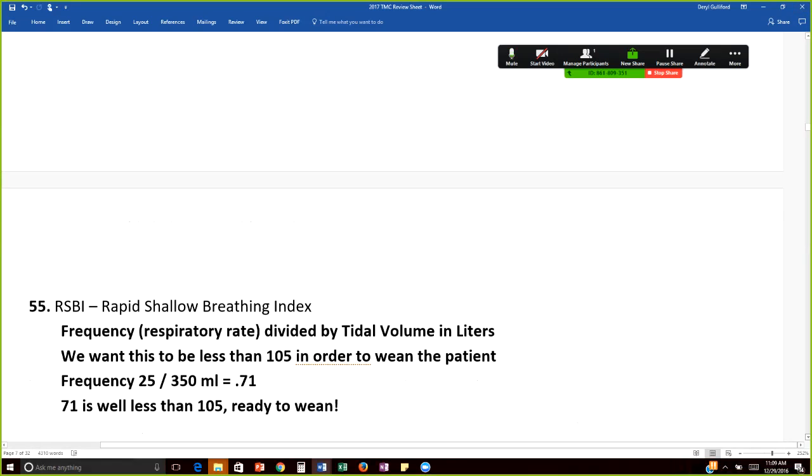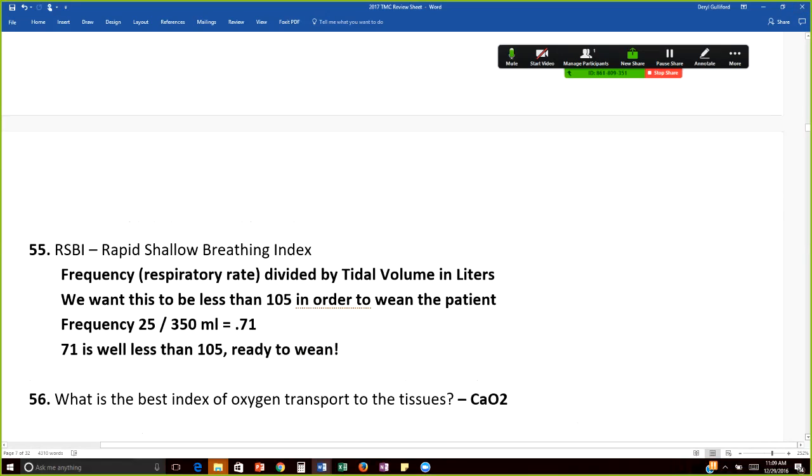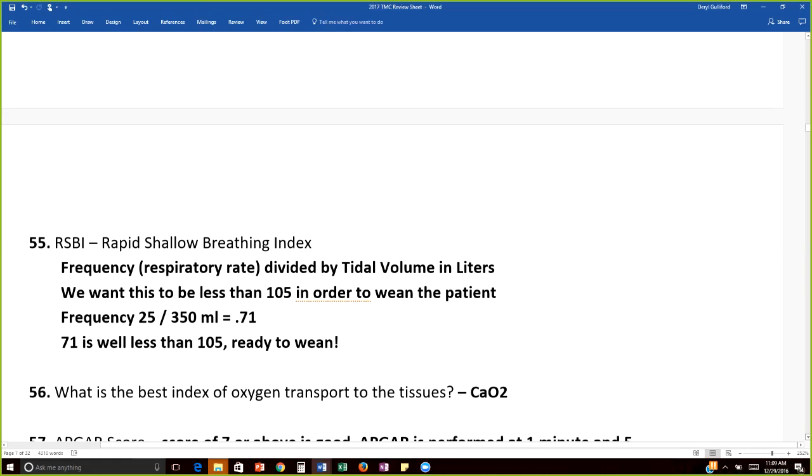So the frequency divided by the tidal volume gives you the RSBI. I did an example here for you, which is 25 divided by 0.35 liters, 350 milliliters is 0.71. That's 71, which is well less than the 105, ready to wean. Higher than 105, they are not ready to wean.